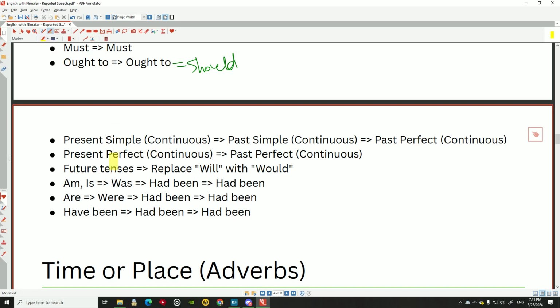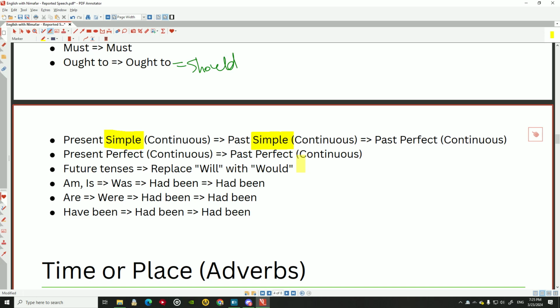Let me tell you something. You gotta keep this texture or identity, whatever you call it. If you have simple, you have to keep it simple, until you have no choice. So if, for example, we have present simple, simple should be the same. Present backward is past, so past simple.